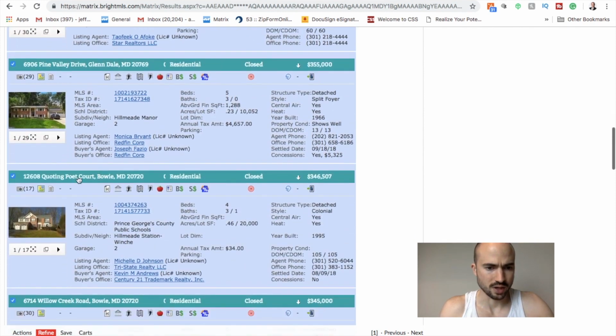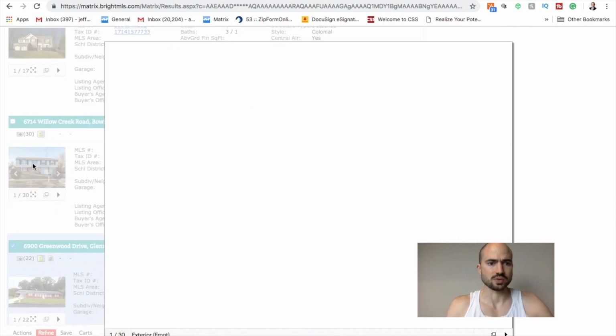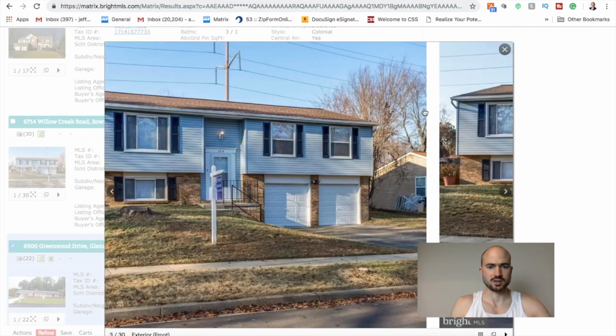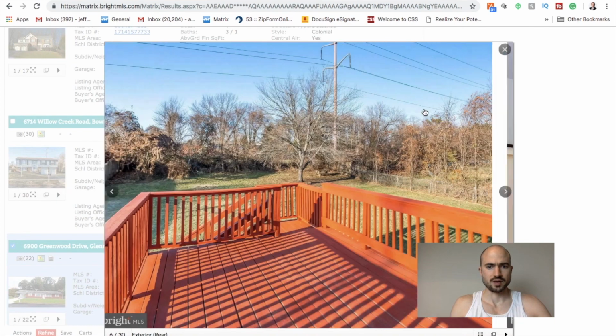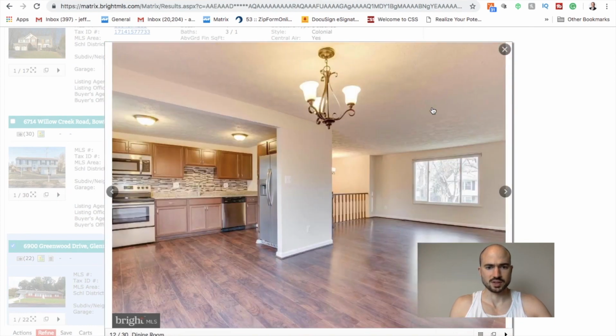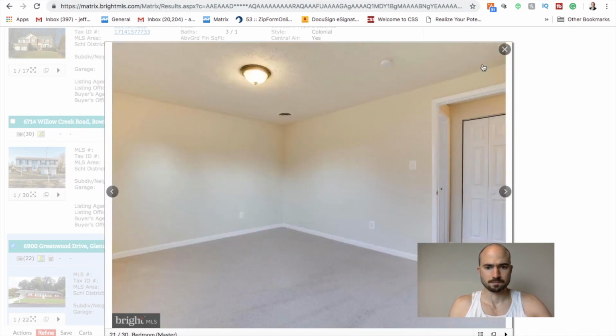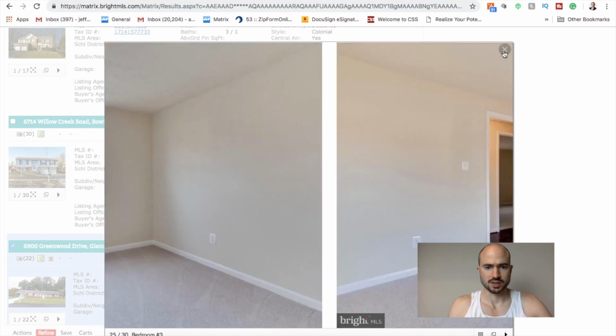So here's more of the comps that we're going to be looking at. Like this one, for example, this looks like a pretty similar house. 345. So this one's pretty fixed up. Yeah, this one's kind of renovated. This one looks like it's probably an investor.